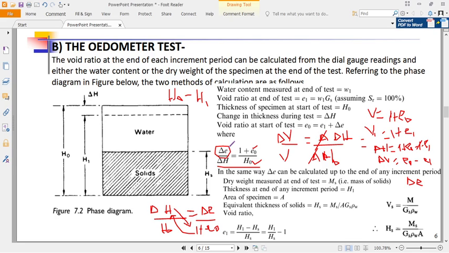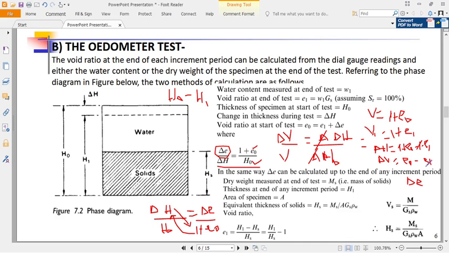Why do you need dE? Because we have explained that from this expression, remember we said e0 minus e1 is equal to change in e.